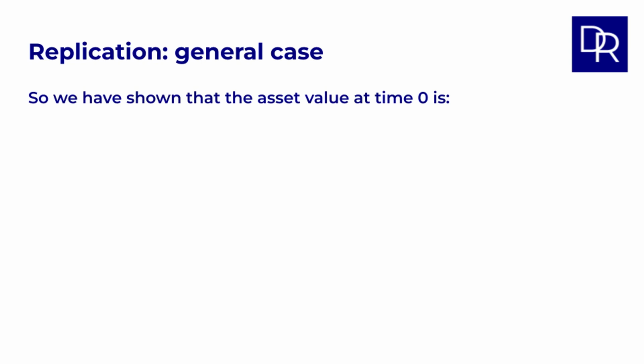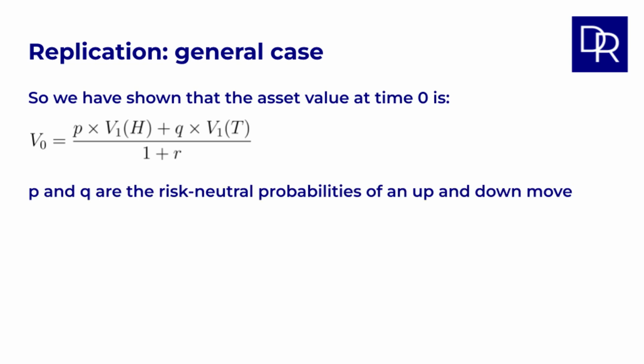So we have shown that the option value at time 0 is V0 equal to (P times V1H plus Q times V1T), all divided by 1 plus R, where P and Q are the so-called risk-neutral probabilities of an up and down move respectively. And P is equal to (1 plus R minus D) divided by (U minus D), and Q is equal to 1 minus P.